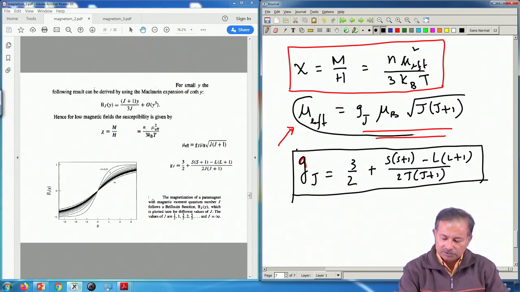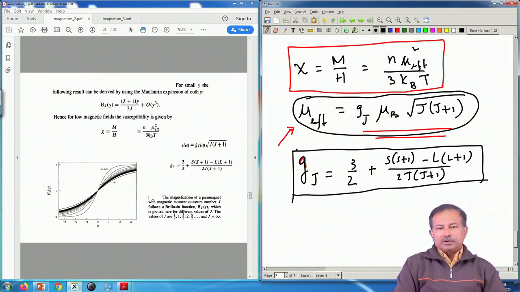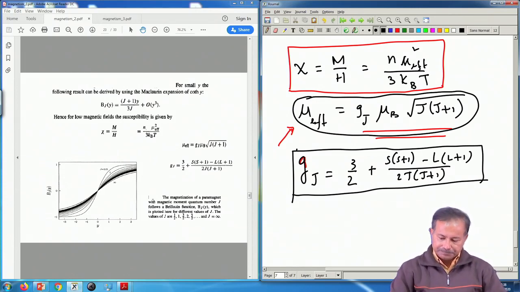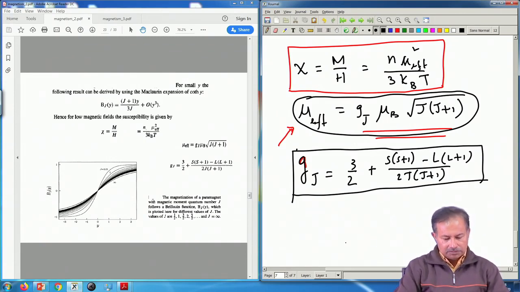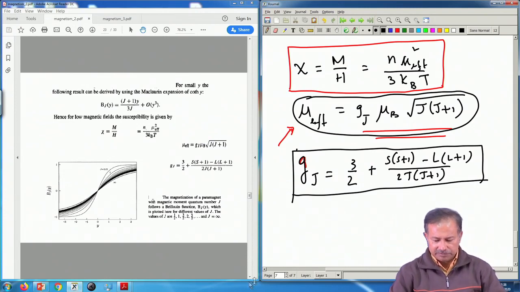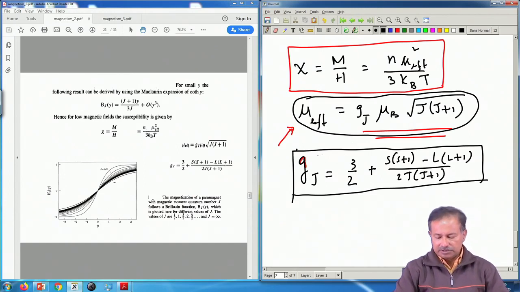Experimentally you determine this quantity and then compare with your estimates. g_J values are tabulated for many of these elements, so you can also use that, for many of the ions and elements.